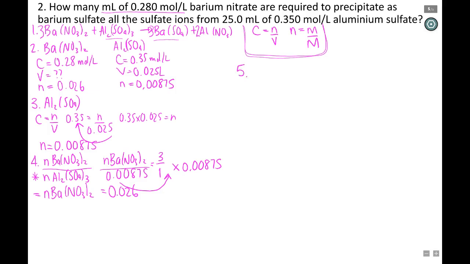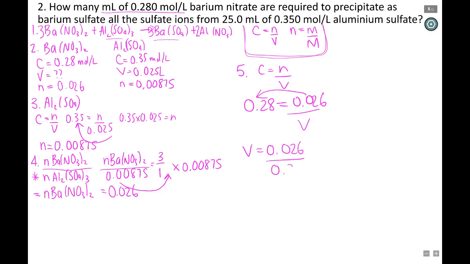Okay, so we can now go c equals n over v, where we know our concentration is 0.28, which equals n over v. We know what n is, which is 0.026, over v, which is our unknown. Now we need to rearrange that equation, so we move this over to here, and in doing that v equals 0.026 over 0.28.